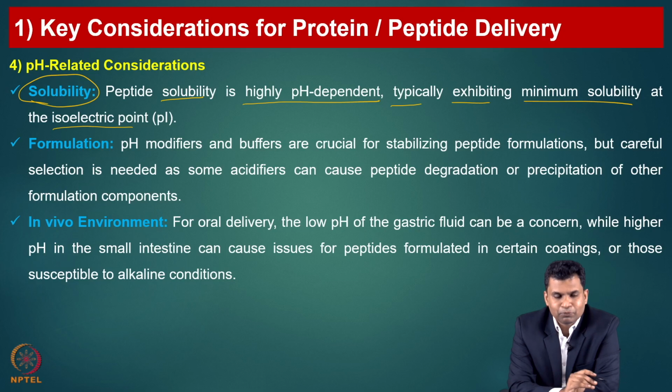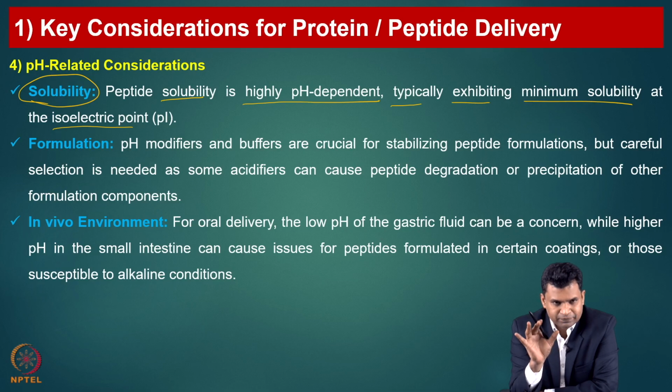Isoelectric point is nothing but the pH where the amino acids, proteins or peptides show a net charge of 0.